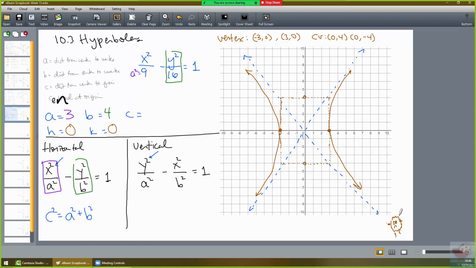All right. Two more parts to go. And those parts are the foci. Foci is given by c. If c squared equals a squared plus b squared, then we'll have c squared equals a squared 9 plus b squared 16, which is 25, which means c is 5.